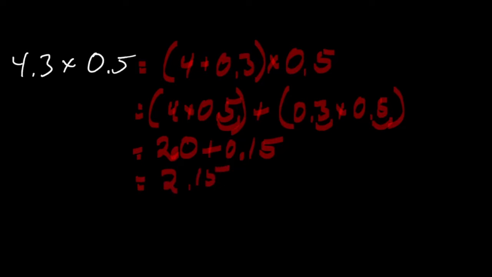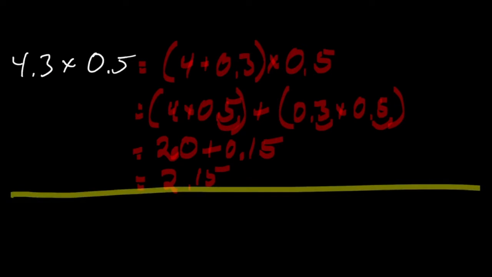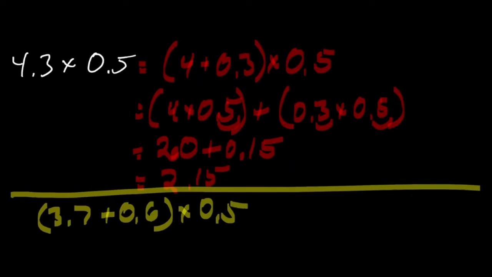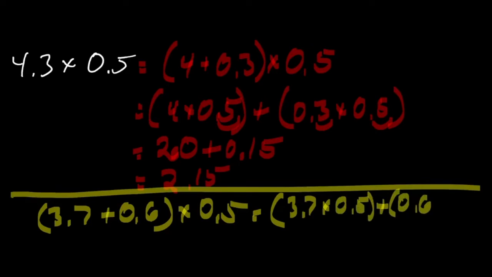Okay, now I want you to have a look at what if I divided it up like this. I'm just going to draw a line here so you can see. What if I took 4.3 and made it 3.7 plus 0.6, and I multiplied that by 0.5? Okay, now I'm going to rewrite this. Now, did this help me make this problem easier or not?